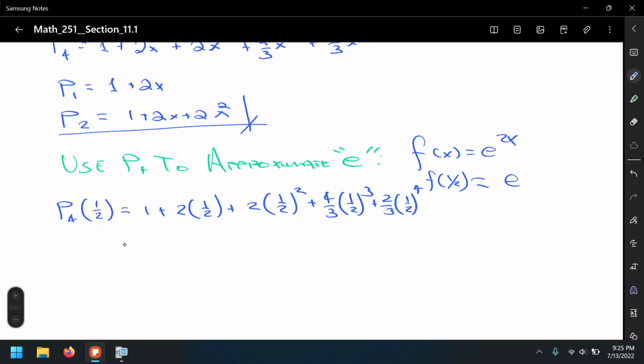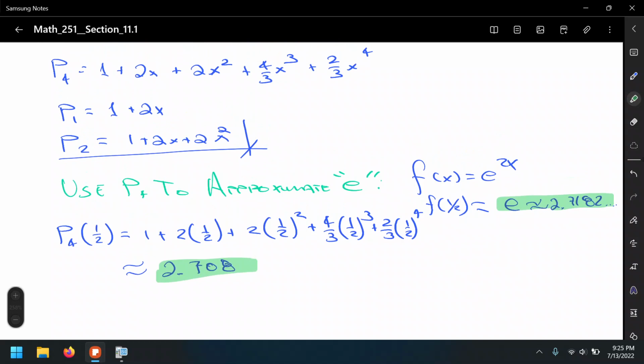That's going to give us approximately, actually, no, not 0, that's 2.708, which is a good approximation because the value of e is 2.7182 and many decimals. If we compare these two results right here, I think the 4th-degree approximation does a pretty good job. All right.